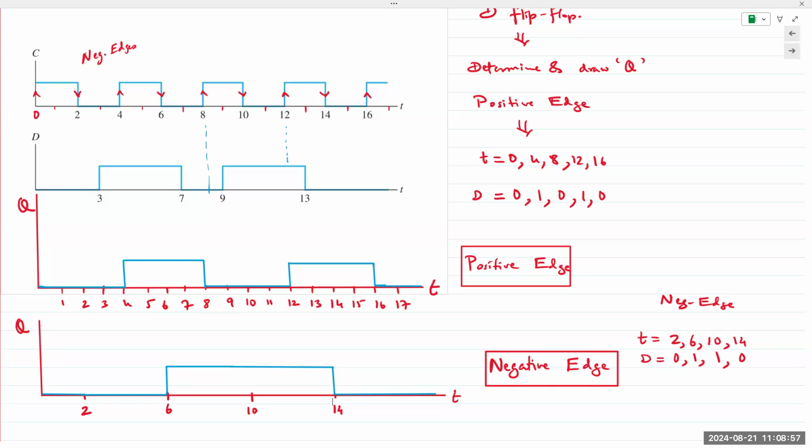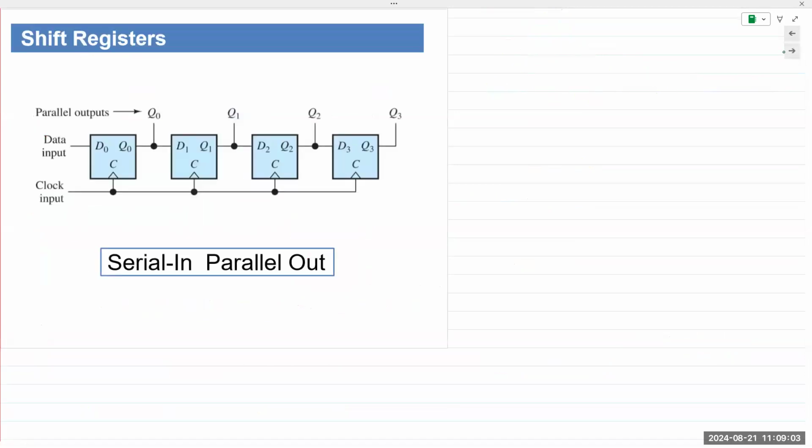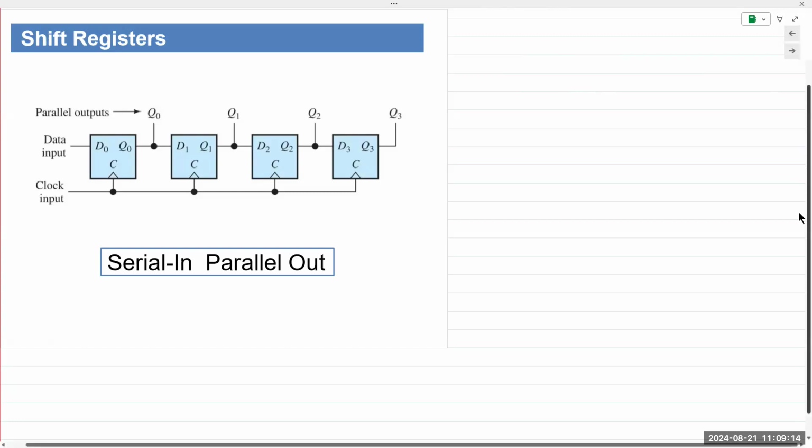Okay. All right. Well, then let's look at shift registers. Shift registers are so called because they take the input one clock signal at a time.